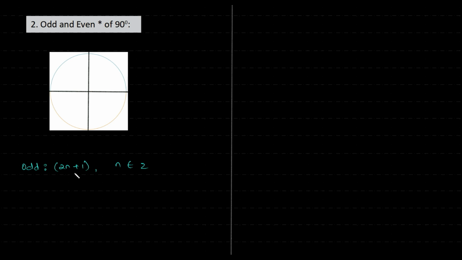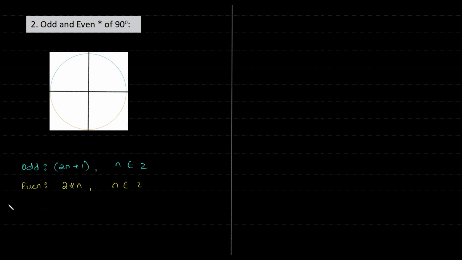2 into whatever the number is makes it an even number. When I add 1 to it, it makes it an odd number, right? This expression represents all the odd numbers that we can think of, while an even number is represented with 2n. So all the even numbers can be obtained with 2 into n. Okay, agree?